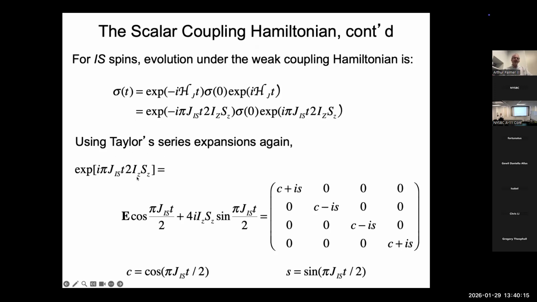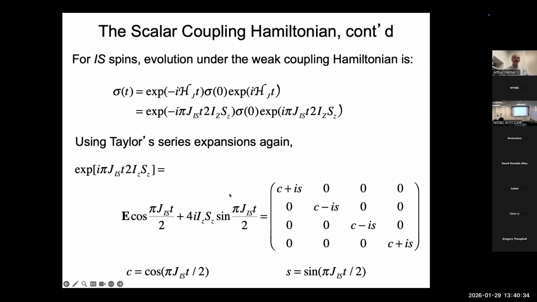We can figure out what this exponential means by expanding the exponentials in Taylor series and working out term by term what's happening. I've done this for you.